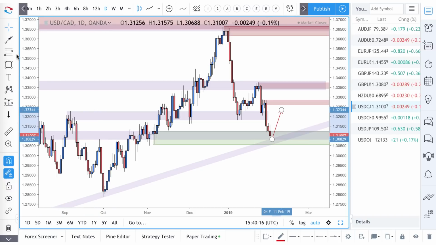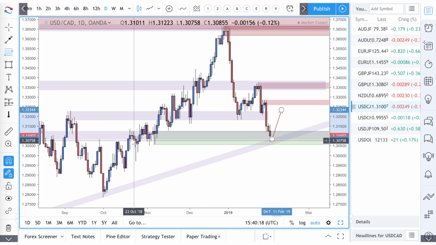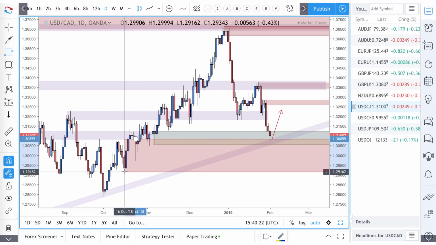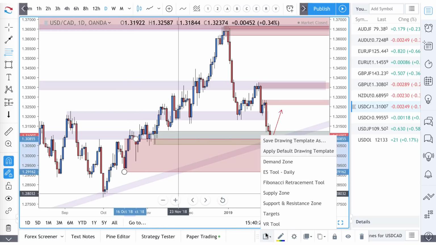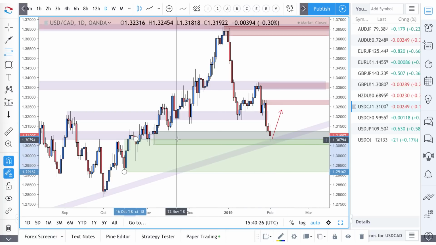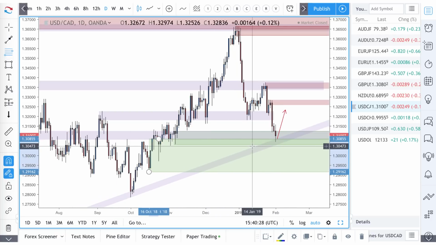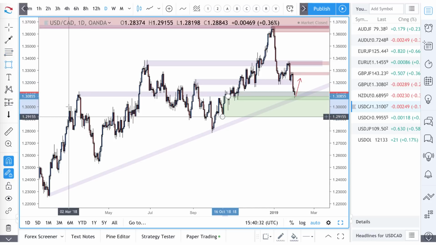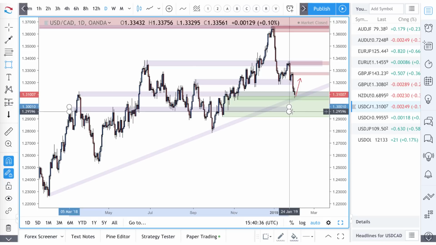If we're looking at any other demand zones at the moment, we've got a cluster, a real big zone around here, and demand right here. We're looking at an area of horizontal support, which looks like the most obvious area.